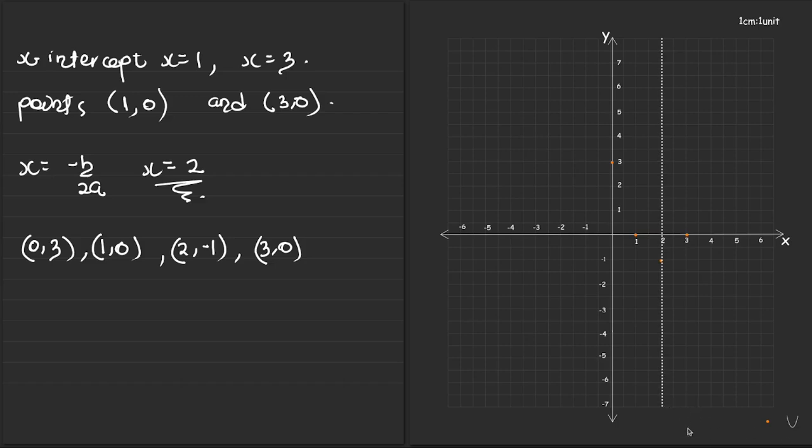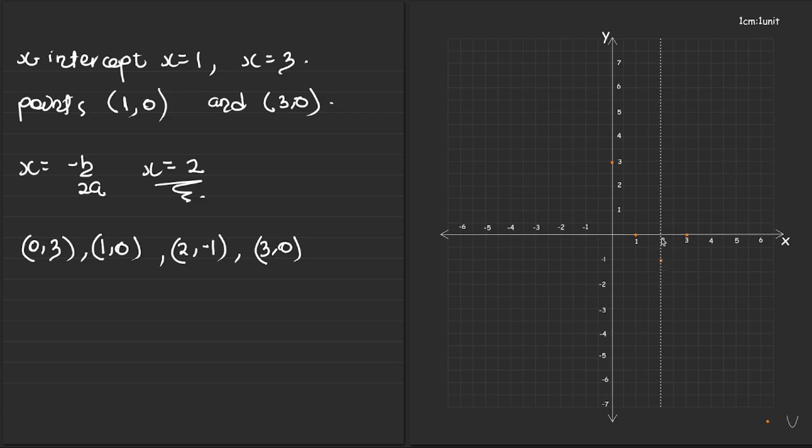The axis of symmetry is very important because it divides your parabola into 2 equal parts or 2 mirror images. So it simply means whatever I have at the left hand side over here, I can reflect it through my axis of symmetry to give me the opposite here.